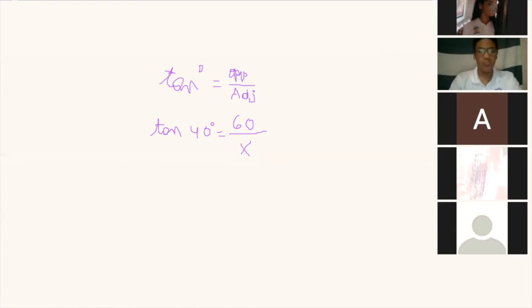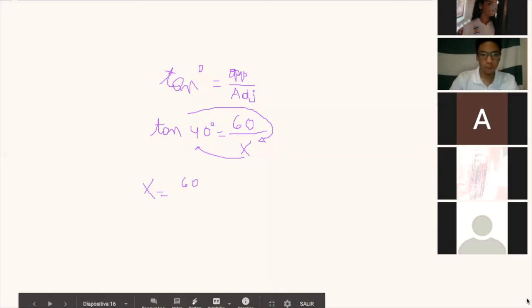So now we have to leave x alone on one side of the equation. So the next step is to change the positions of the tangent and the x. Now we have x is equal to 60 over tangent of 40.